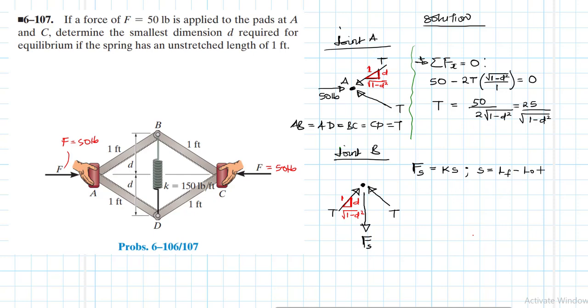And we know that the final length of the spring is right now 2D. This D and this D, right? And then the original length, which is the unstretched length, is 1 foot.